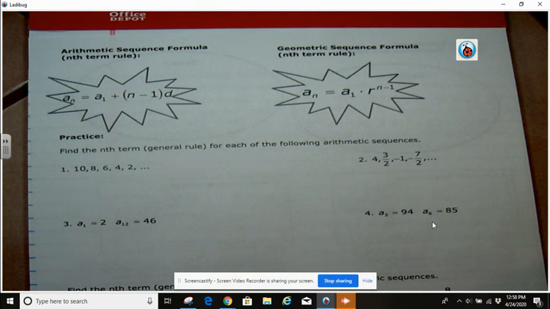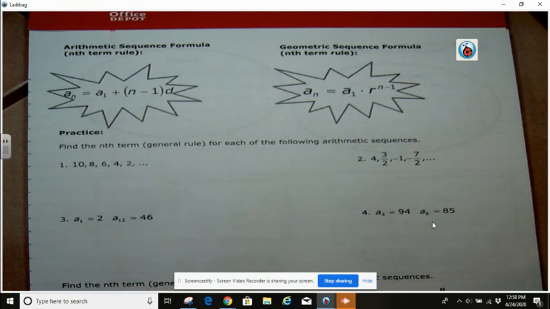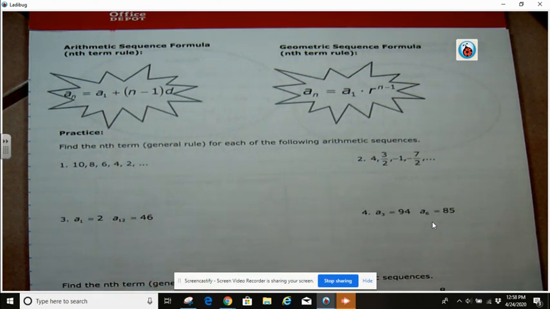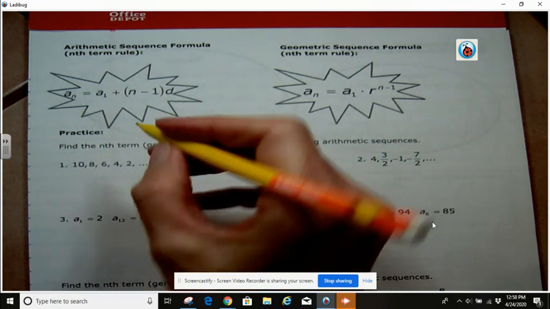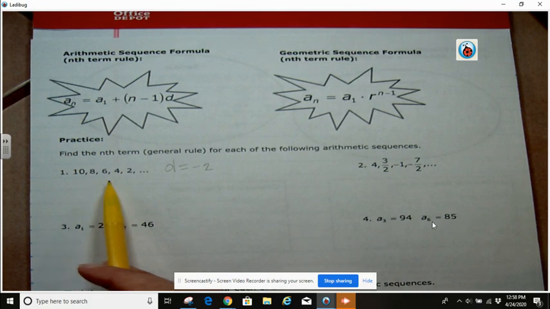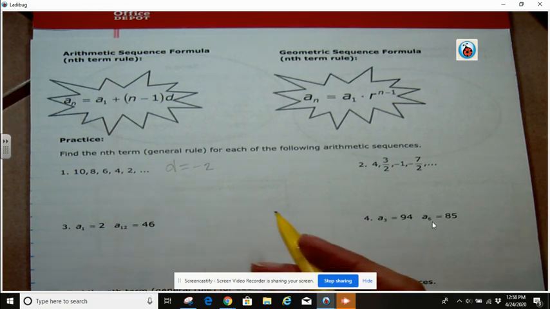So let's kind of work our way through a couple practice problems. So first, we're going to find the nth term or the general rule for each of the following arithmetic sequences. Basically, you're going to use the formula right here and substitute in what you know. We can see from this pattern that the common difference is -2 because each time we're taking 2 away to get to the next term.